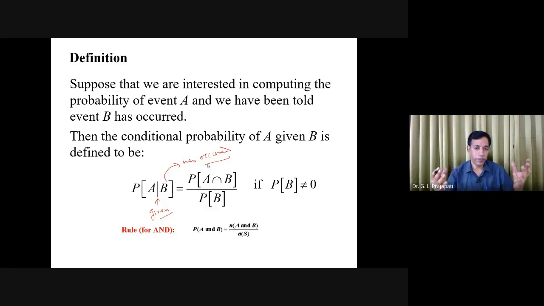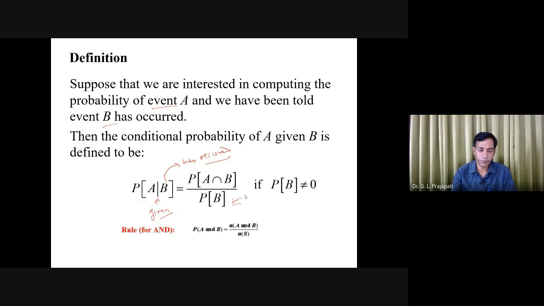So with this information, how are you going to modify your probability of A? And this is equal to the probability of A and B, probability of A intersection B, divided by probability of B. And of course, since it is in the denominator, probability of B cannot be 0. The question is, how does this come about? Why this?